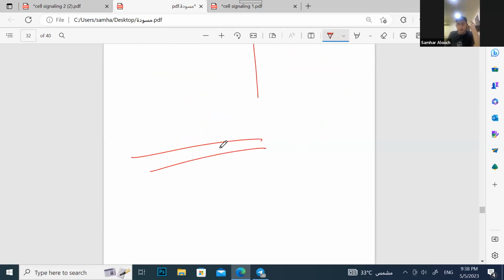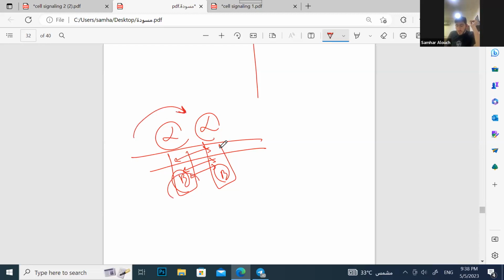Why? Because it's made of 4 domains, 2 alpha, attached to 2 beta. The beta is inside, the alpha is outside. Interestingly, the 2 parts are attached to each other all the time. It doesn't need a dimer to bind or whatever. Once insulin binds, the tyrosine kinase becomes active on the beta side and they phosphorylate each other, and the tyrosine kinase now is active.